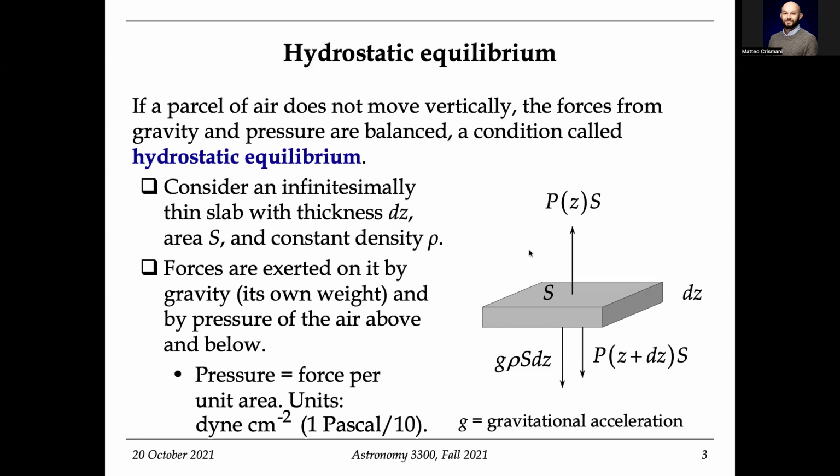Cool. Okay, so let's put these all together. They have to be balanced. So let's consider ups and downs. Now they need to be equal and opposite. So what do I write? P at Z times S is equal to P at Z plus DZ times S. It's not times the quantity, right?